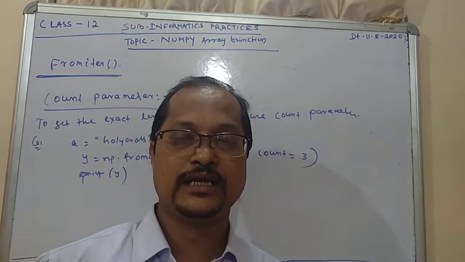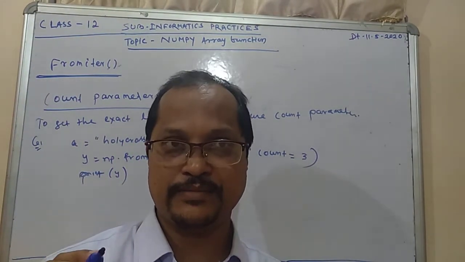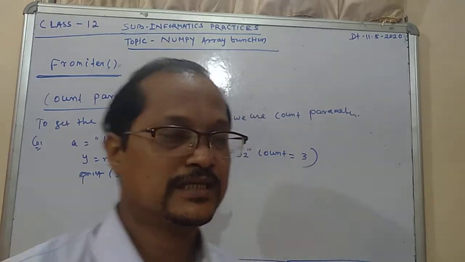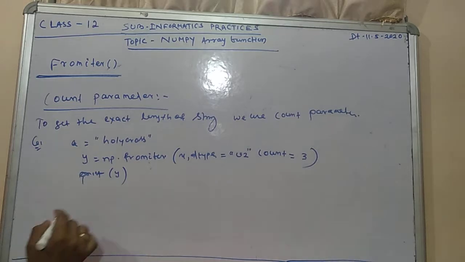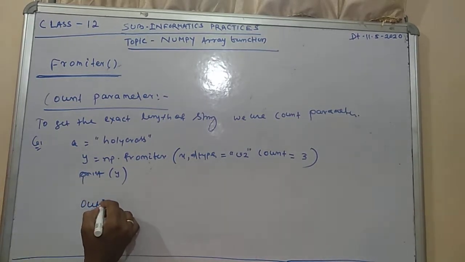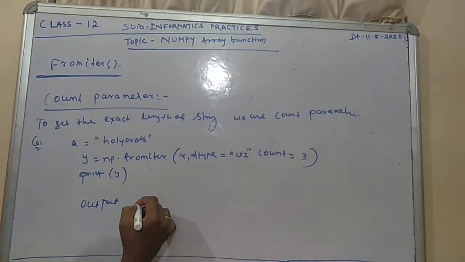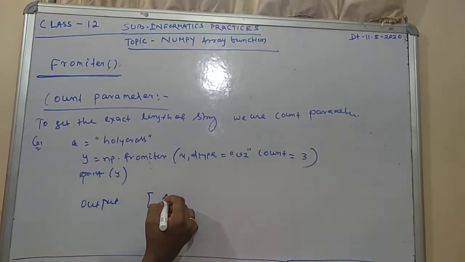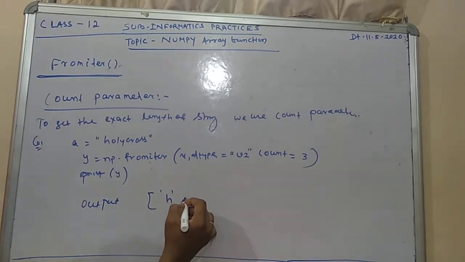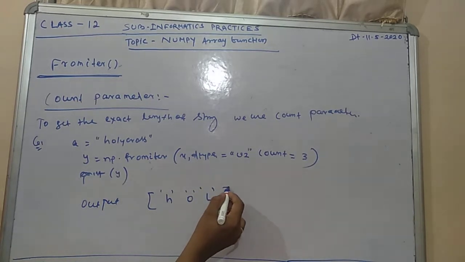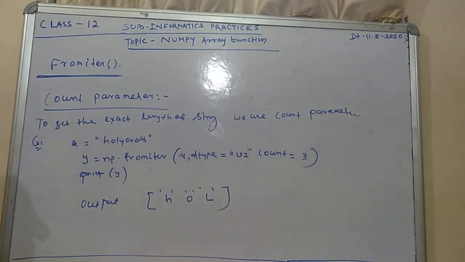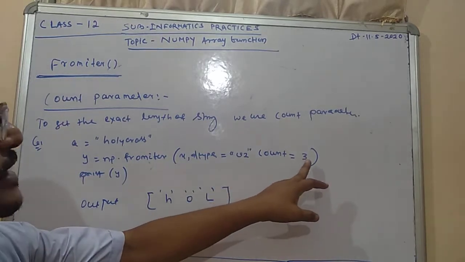Are you getting? Print x is written, you make it print y. By mistake it is written. So print y. So what will the output be? Now H, O, L. See, this will come only because we have written count 3.